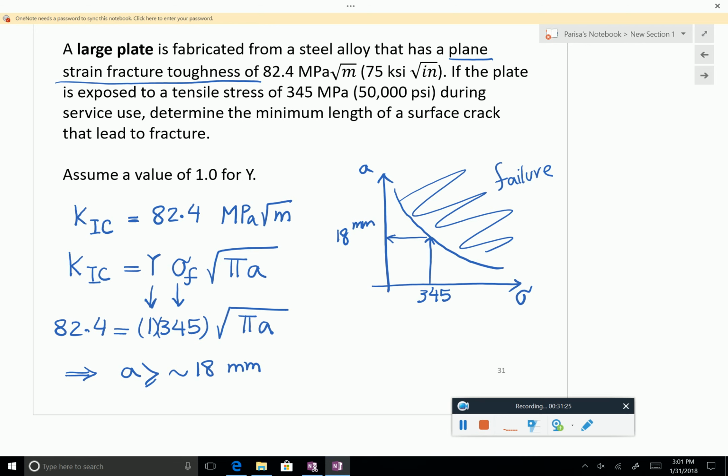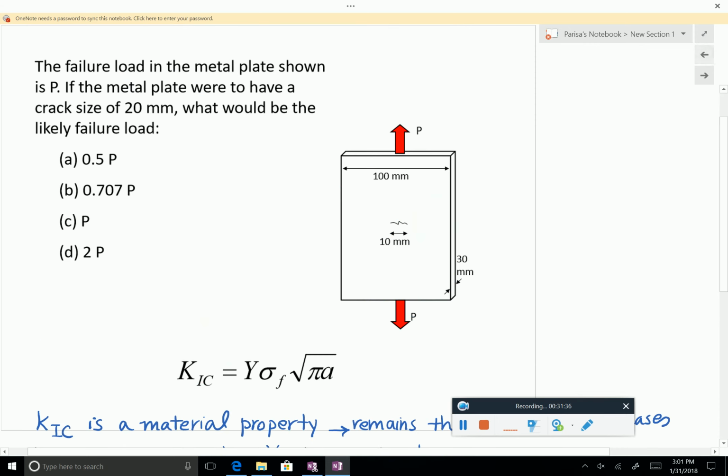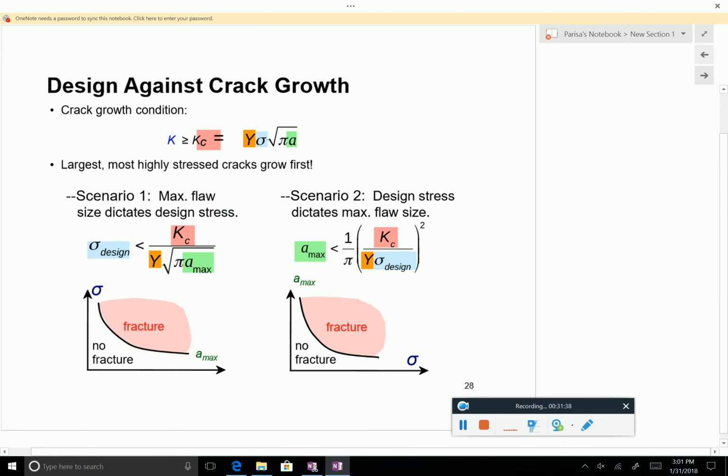Straightforward. So basically, if you look back a few slides, I come back here, don't worry if you didn't. I kind of showed you that with this equation, you can have either case for design.